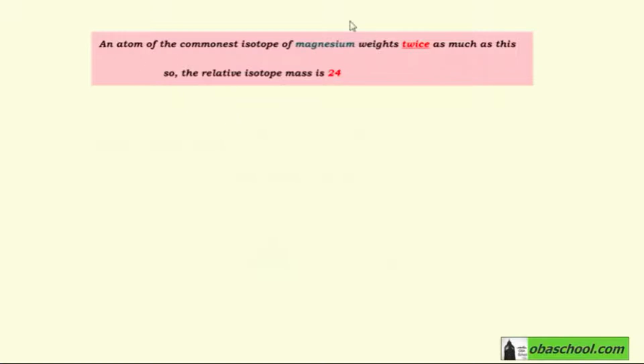So the atom of the most common isotope of magnesium weighs 2 times the weight of the carbon-12 isotope. So the relative isotopic mass is 24, which is 12 times 2, since they said twice.